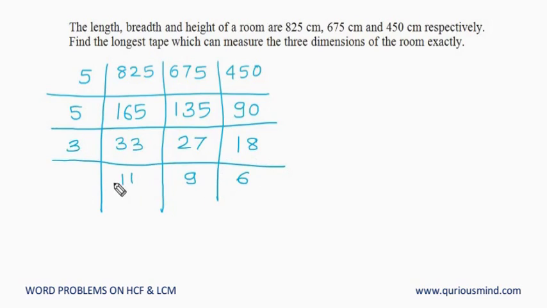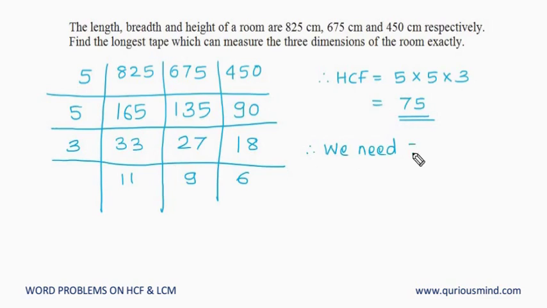Now, I have a factor 3 here, but that will not divide 11. So these are the only common factors. And therefore, HCF is 75. And that's why what we need is a 75 centimeter long tape.